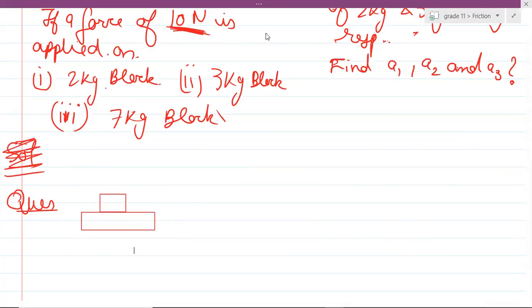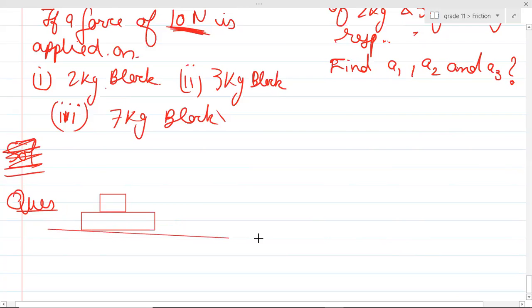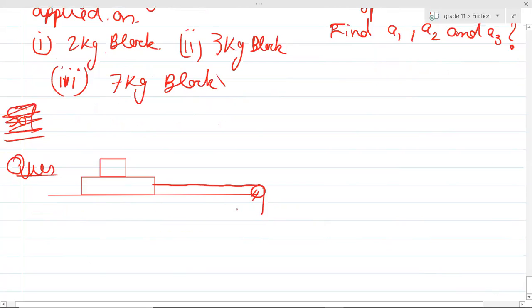These two blocks are placed on a smooth horizontal surface, and can you see a string over here? This is capital M. This block is 5 kg. This block is 20 kg.